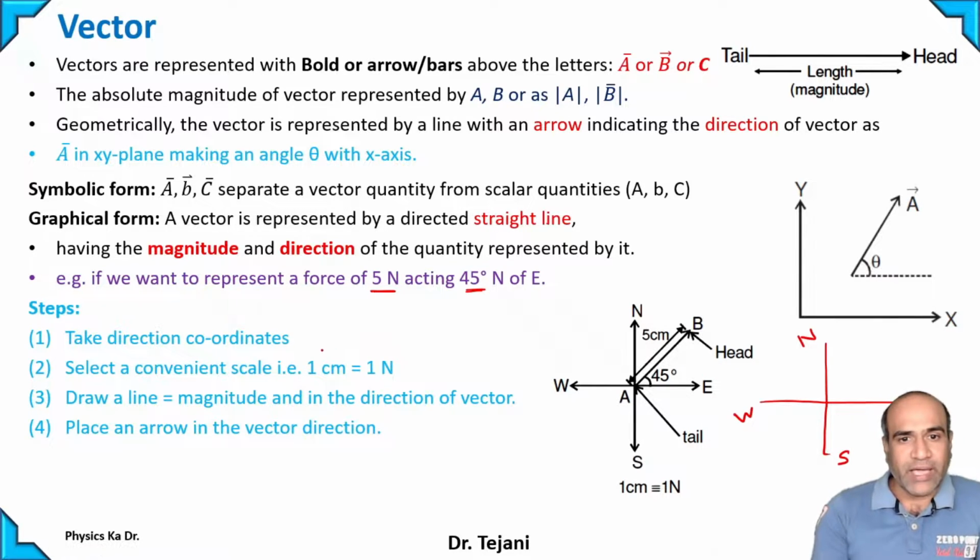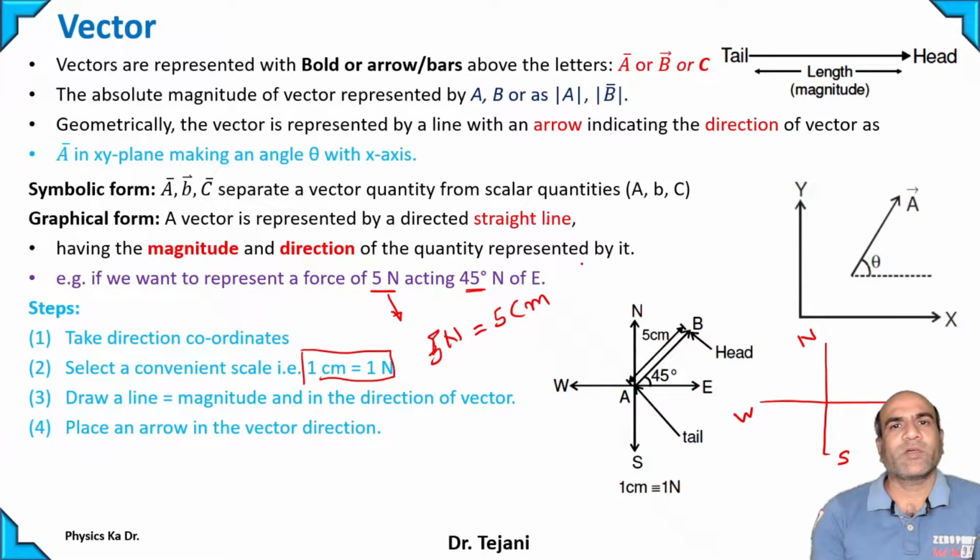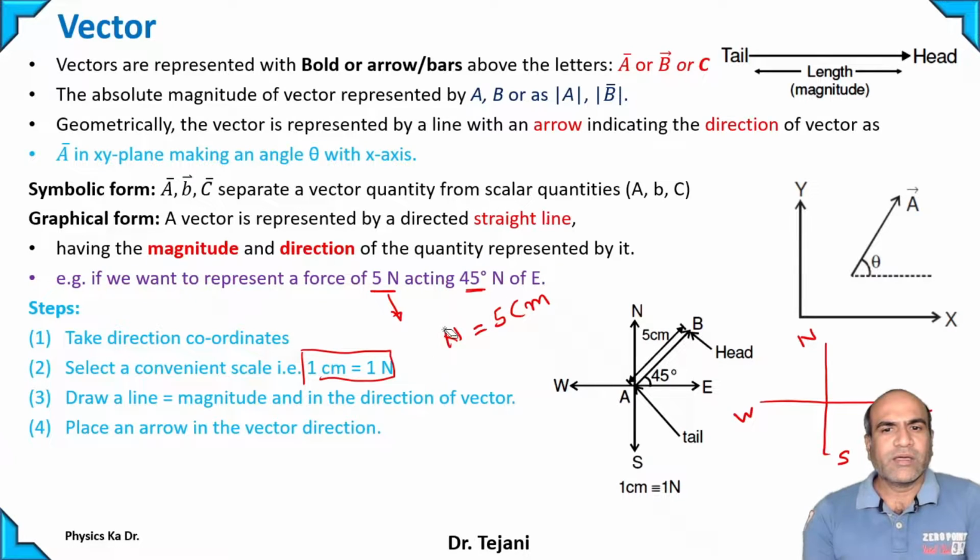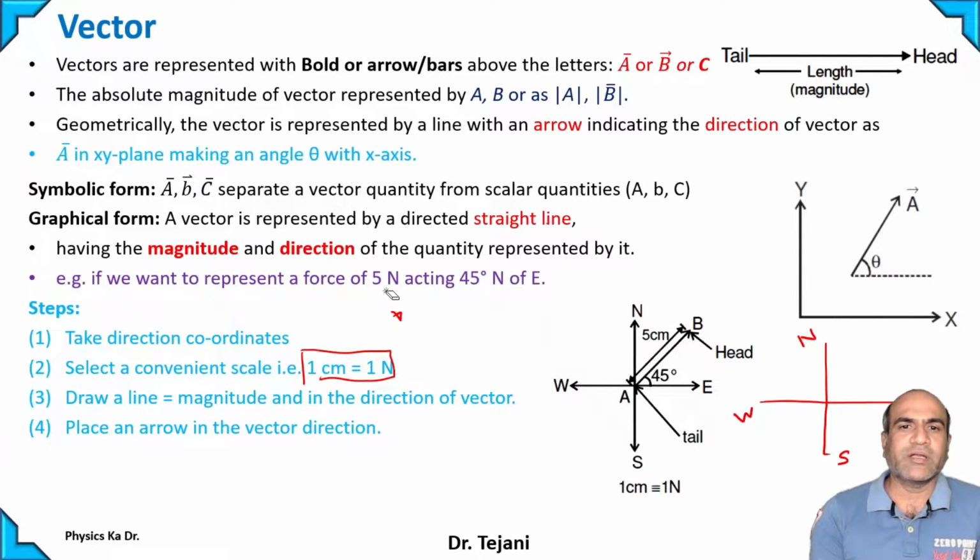Then we need to have a scale. For example, the force is given as 5 Newton, so we can convert 5 Newton to 5 centimeter. We need to represent it in terms of centimeter or meter.